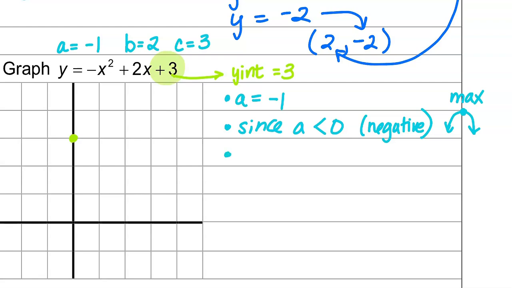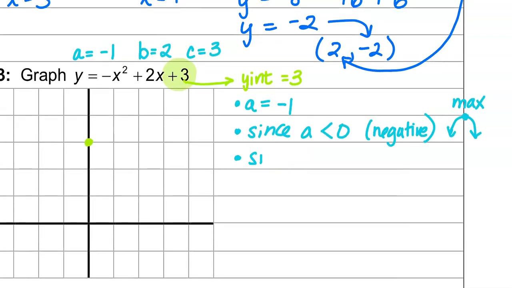Okay, and let's look at the absolute value of A now. This is going to be the absolute value of negative 1, which is 1. What does that tell me about the graph? You have to compare it with 1, right?